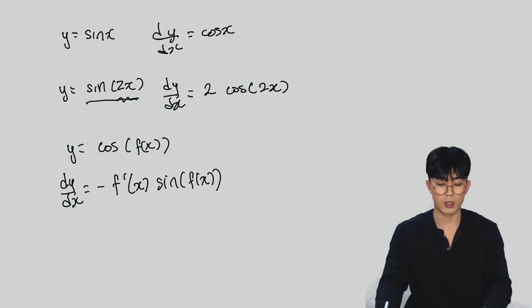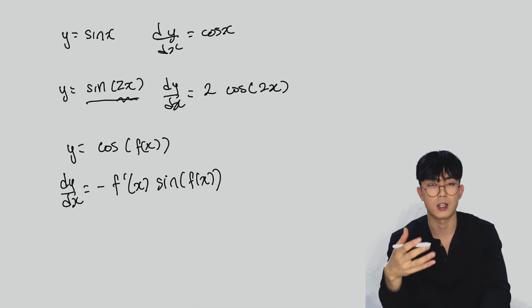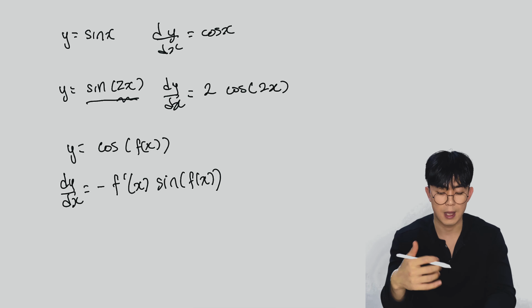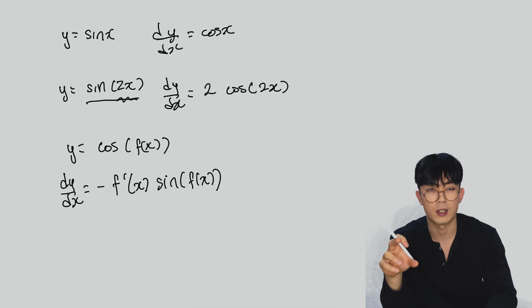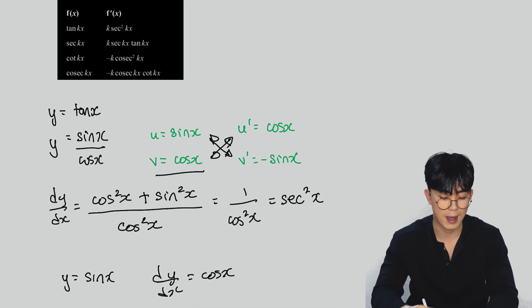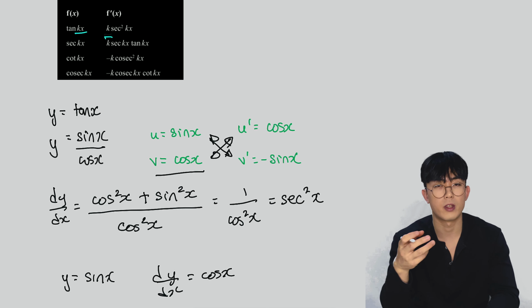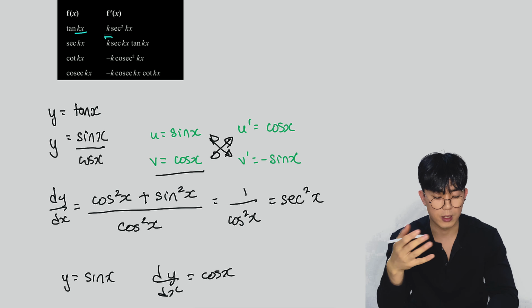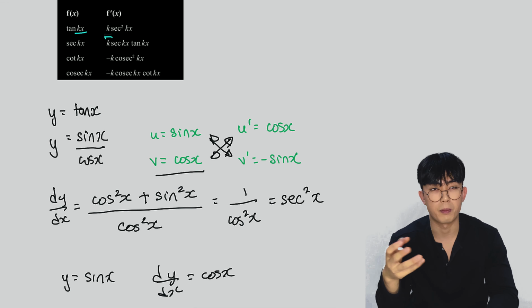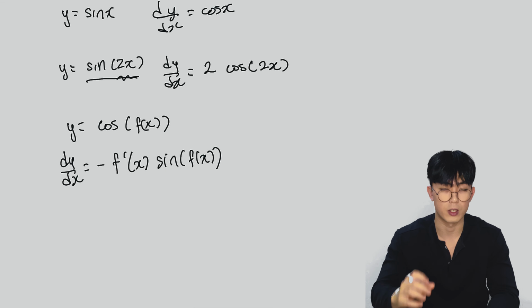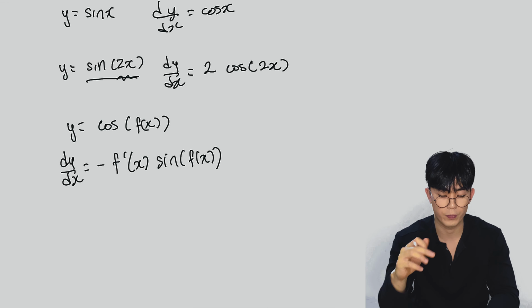So it's basically what we just showed for sine, but doing it for cos as well. And this rule applies to all the other trig terms, so all the tan, sec, cot, cosec trig terms. As you can see here, they've written it in terms of k. So in this case, you could think of k as the function. But sometimes the function can be more than just a number. It could be like 4x squared plus 1. So this rule applies for that as well. You have to differentiate that and you bring it to the front.